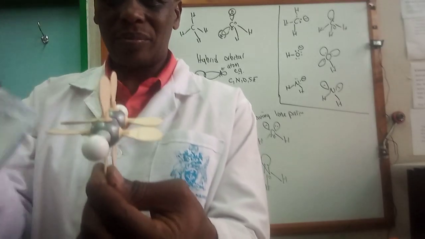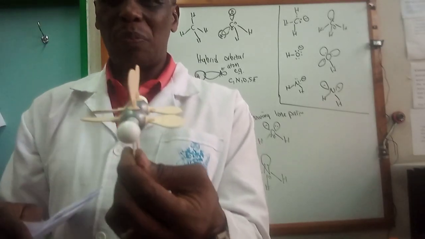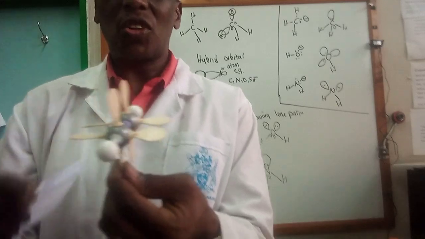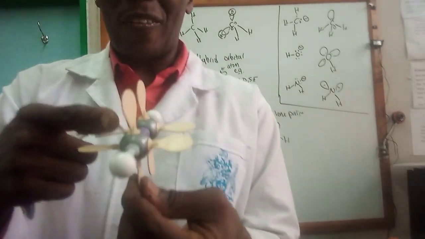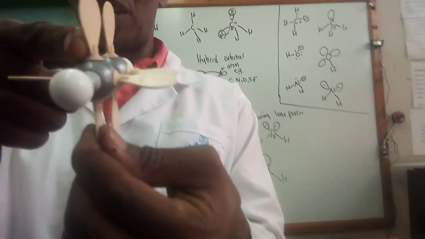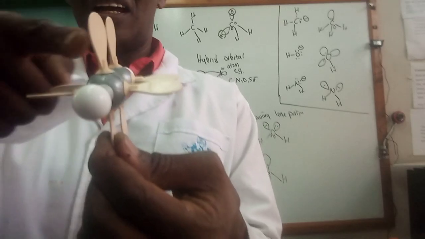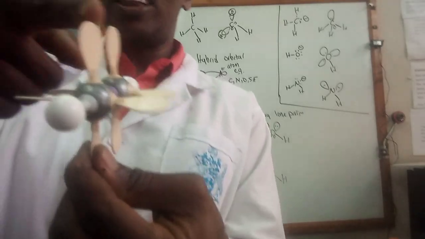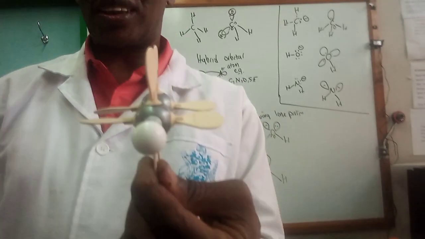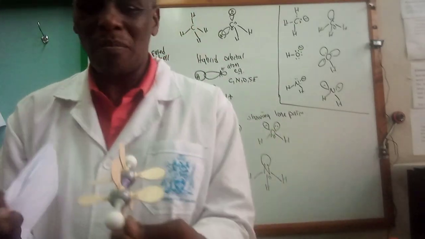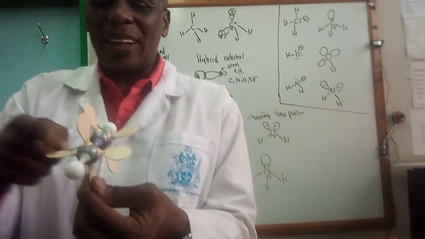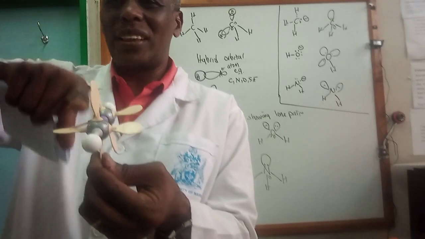And please note this: perpendicular p orbitals do not interact. So an atom can have electron density on this p orbital and another on this p orbital. But because they are at 90 degrees, these p orbitals do not interact. By interacting, I mean the electron density cannot cross over to the other atom.